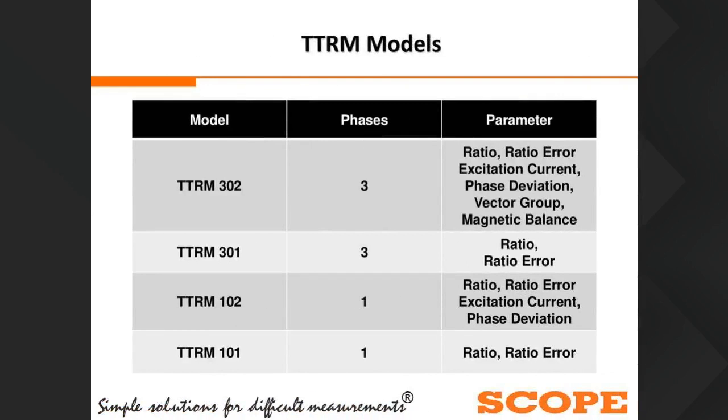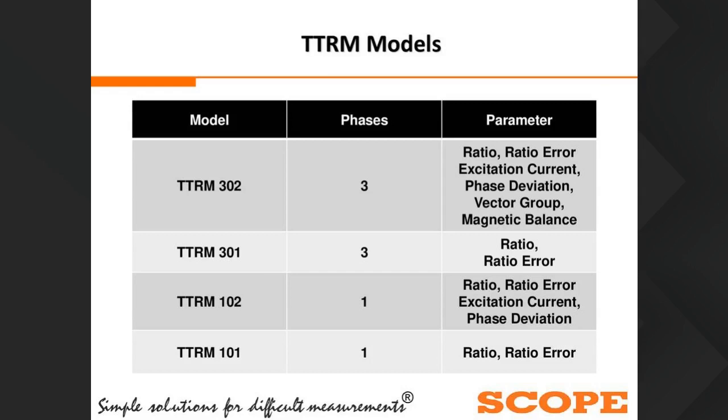So we have different models of the TTRM: TTRM 302, TTRM 301, TTRM 102, and TTRM 101. Here you can see TTRM 302 and 301 are for 3-phase transformer testing, and TTRM 101 and 102 are for single-phase transformer testing. 302 and 102 are advanced models, with which we can find out the maximum tests, and TTRM 301 and 101 are basic models, with which we can only test transformer turns ratio and transformer ratio error.